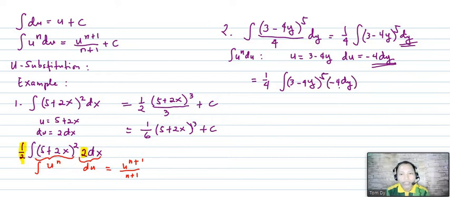And then the reciprocal of negative 4 is negative 1/4. Okay, we have this one. Okay, let me rewrite this value. I have limited space, 1/4, and then negative 1/4. Okay, the reciprocal of negative 4 is negative 1/4. Take note of this one.